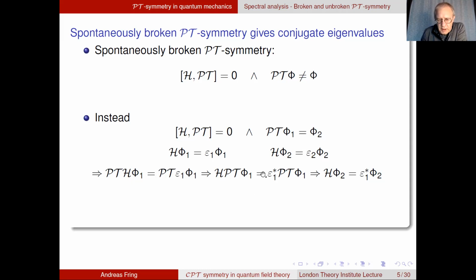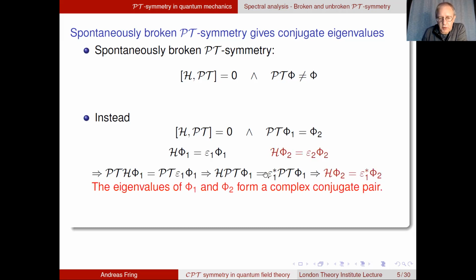And now you see I can identify in this equation this combination PT on phi1 as phi2, a new wave function. And therefore, I can just compare these two equations, and I see that E2 is the conjugate of E1 or the other way around. So the eigenvalues for these two wave functions, phi1 and phi2, which are connected by the PT operator, which is a symmetry of the Hamiltonian, form in fact a complex conjugate pair.